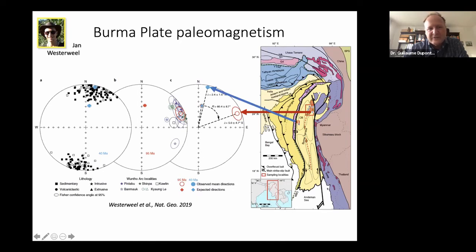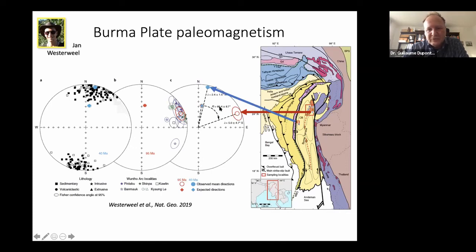And then this point should be very near the edge of the plot, okay? And if the inclination is very steep, it comes towards the center, okay? And so all the inclinations of the field are very low, and what they are saying is that the Burma terrain was close to the equator, okay?